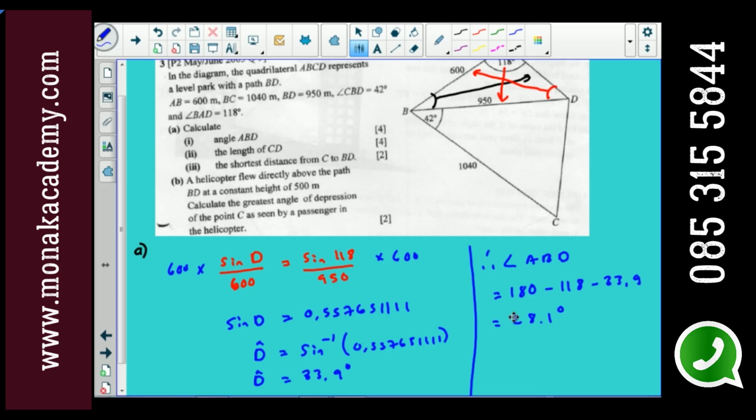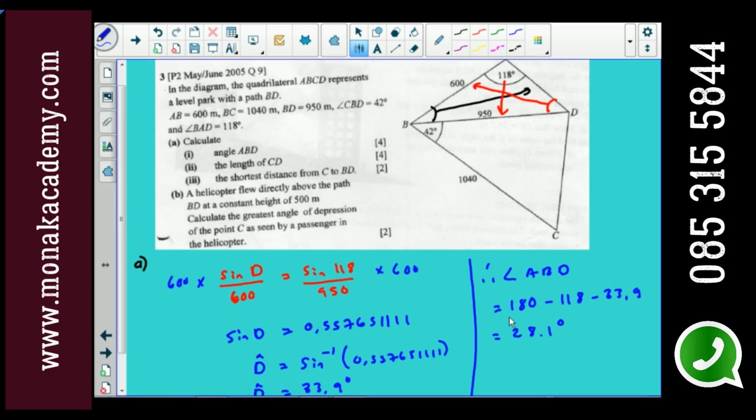Now, how about they want the length of CD.